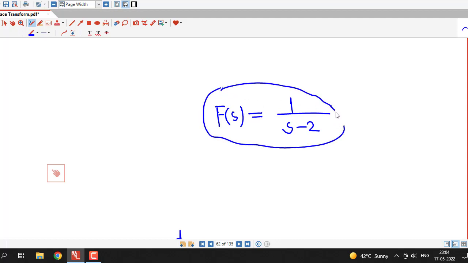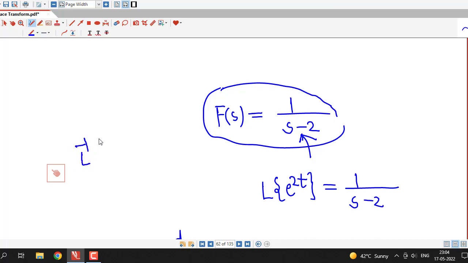Then we will think: this function is the Laplace transform of which function? We know that the Laplace transform of e raised to 2t is equal to 1 divided by s minus 2. Therefore the inverse Laplace transform of 1 divided by s minus 2 is nothing but e raised to 2t.